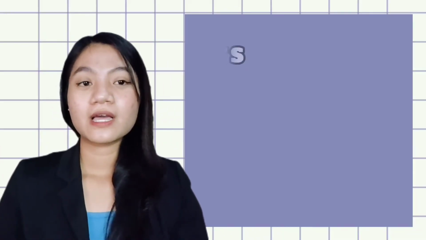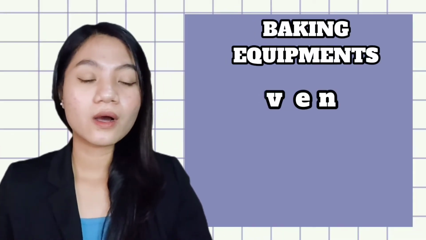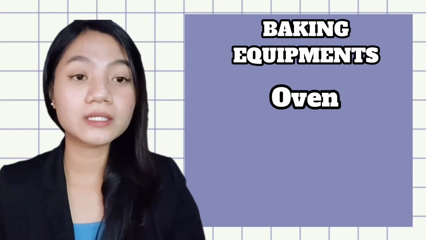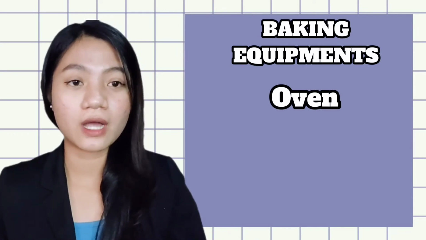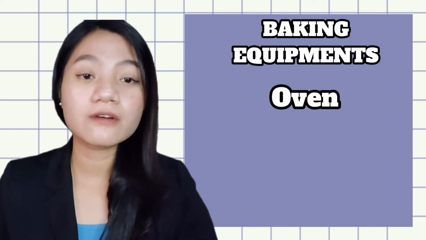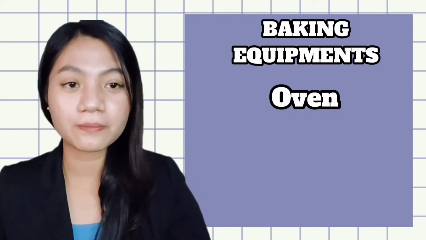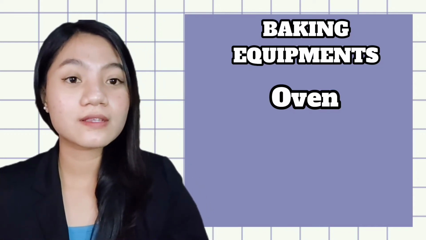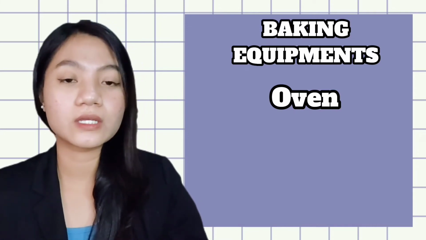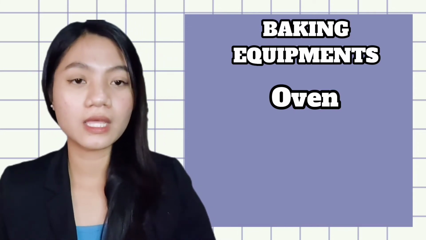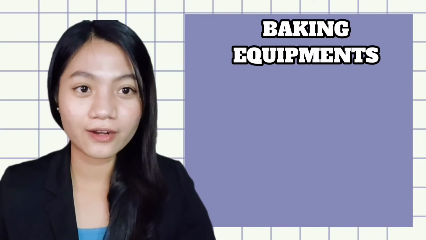Now we know the different tools. Let us now learn the baking equipment. First equipment, the oven. Ovens are the workhorses of the bake shop and are essential for producing bakery products. Ovens are enclosed spaces in which food is heated, usually by hot air.